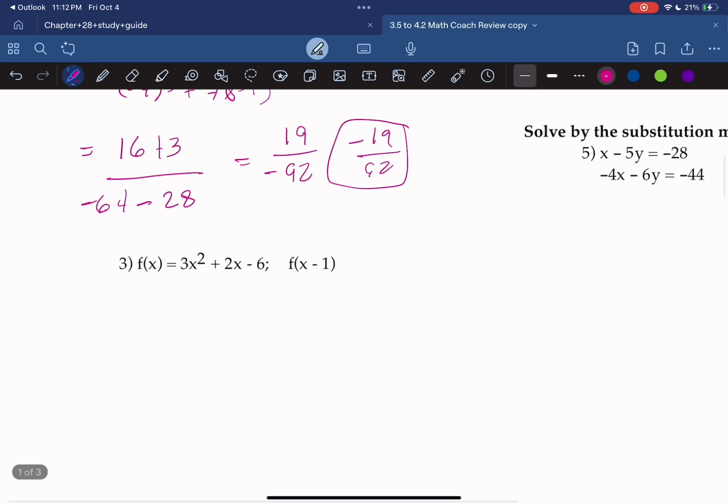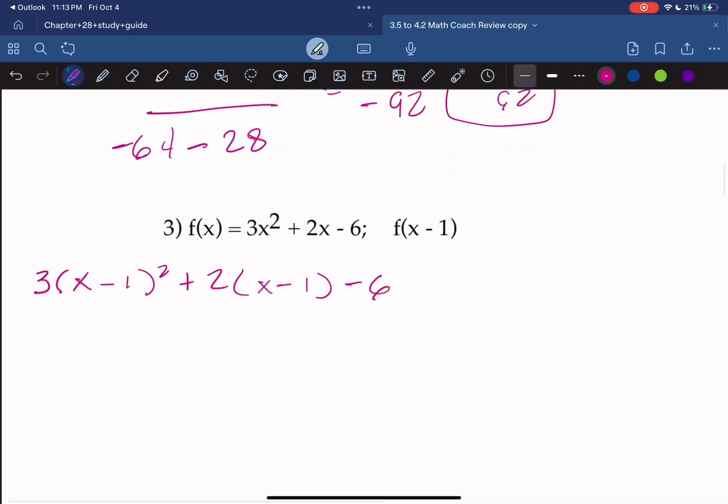Now for number 3, same thing, except now it's just 2 numbers instead of 1. But it's the same thing. 3 times x minus 1 squared plus 2 times x minus 1 minus 6.